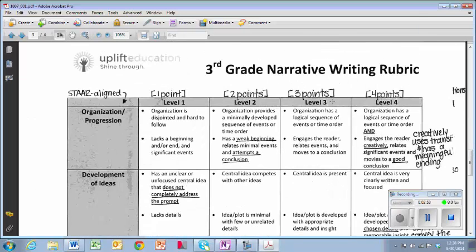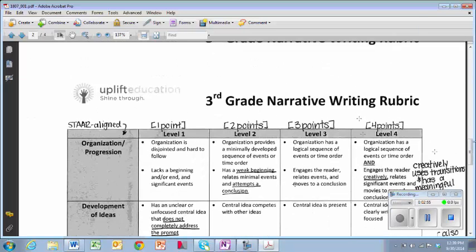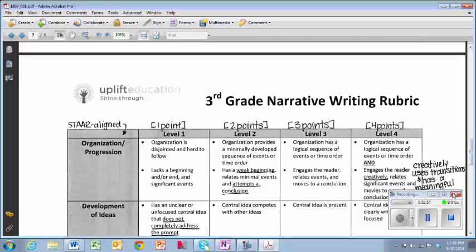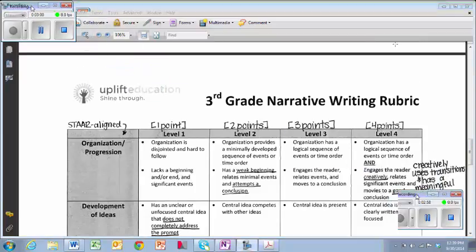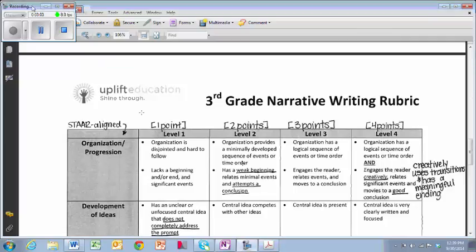So this rubric, I've annotated it a little bit with some points to remember. This rubric is STAAR aligned, but it takes what is a very intense STAAR rubric that comes from TEA and breaks it down to just some key elements that are important for third graders to understand before they move on to fourth grade.